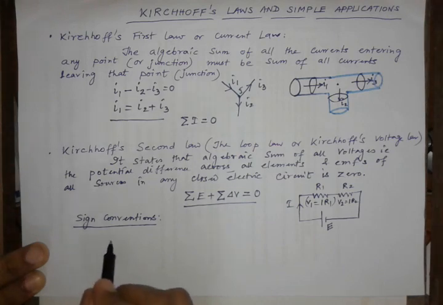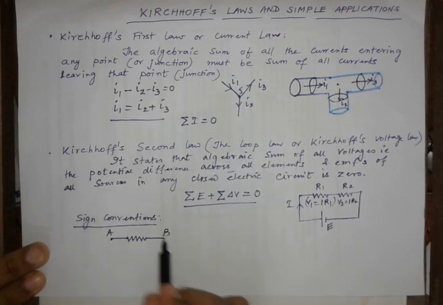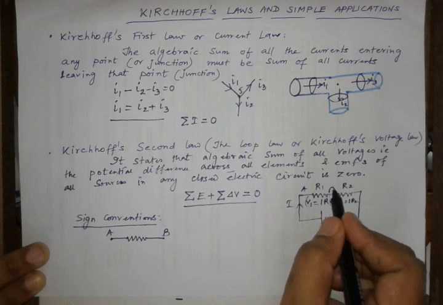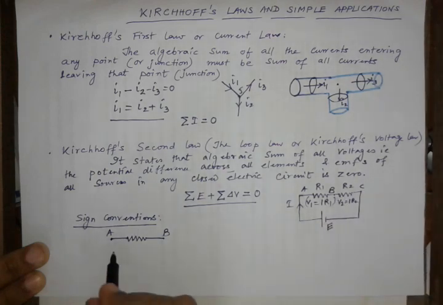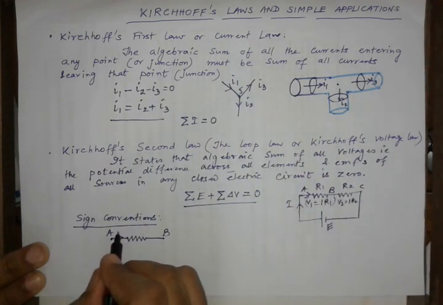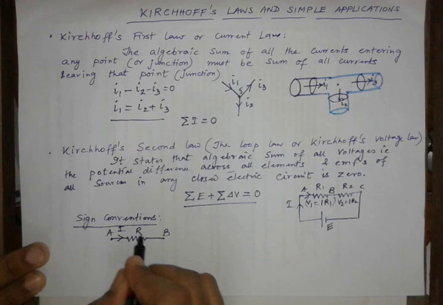So the thing is, think about a resistance. There are two points, A point and B point. This is A, this is B, this is C. Now suppose a current I is going in this direction, and R is the resistance.